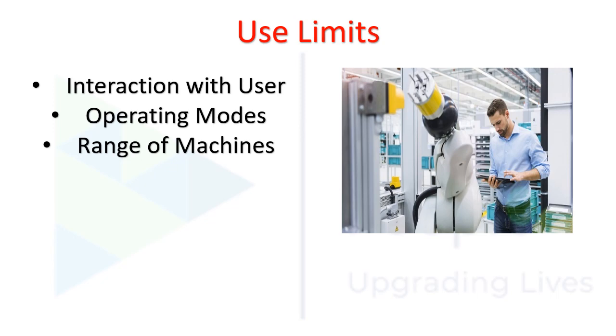By operating mode, we mean the different modes in which the machine can be operated. Suppose the machine can be operated in auto mode, in manual mode, and also in a different mode called semi-automatic mode.